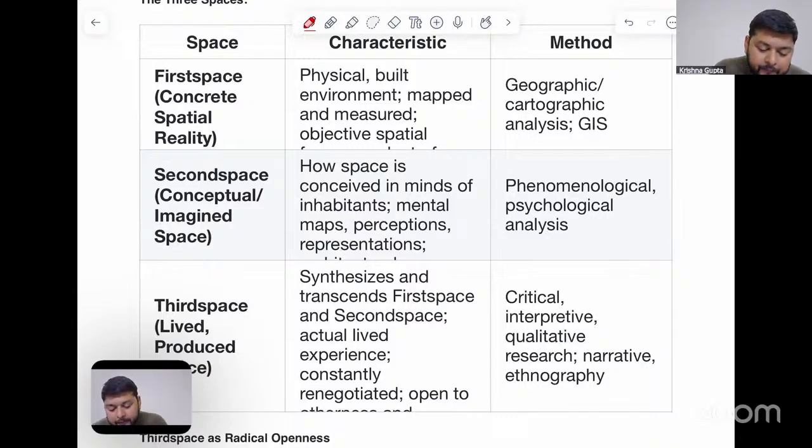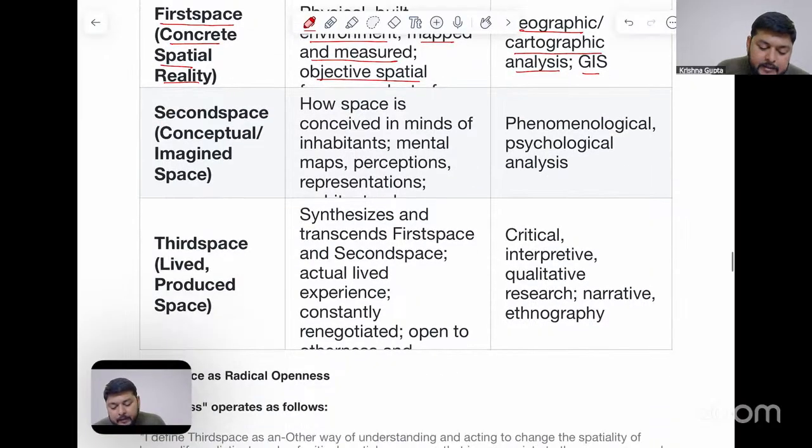Let's look at it. First space: concrete spatial reality, the physical built environment, mapped and measured, the objective spatial part here. Geographic, cartographic analysis along with GIS. Second space: conceptual imagined spaces, how space is conceived in the minds of inhabitants. Mental maps, perceptions, and representations were seen here.